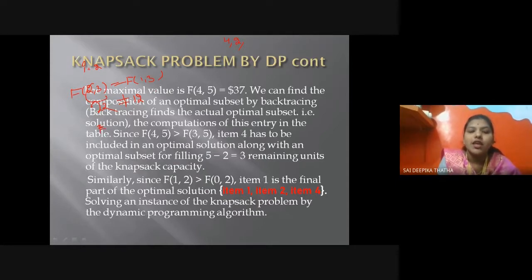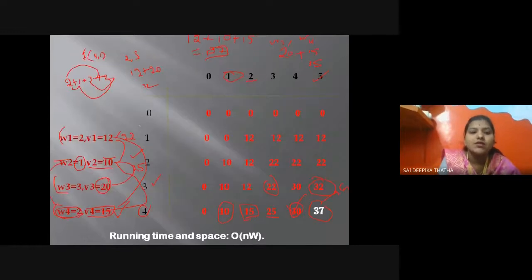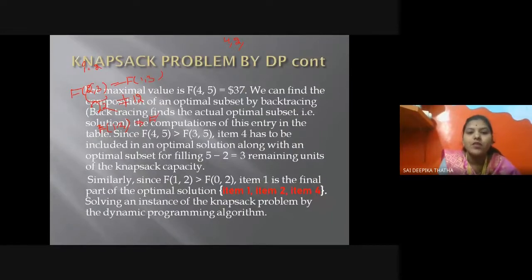Now take f of 1 comma 3, which is my final i comma j here. So subtract the weight from those values. Now I'm doing that. The weight of the first one is going to be 2. Just subtract the corresponding weight from the j value. That's it, simple one.